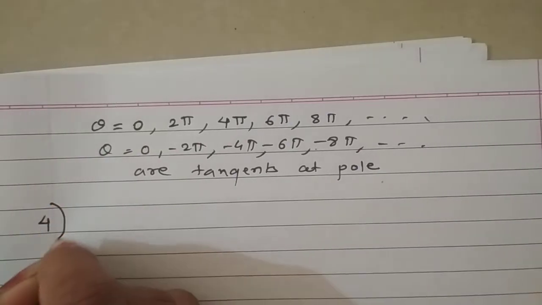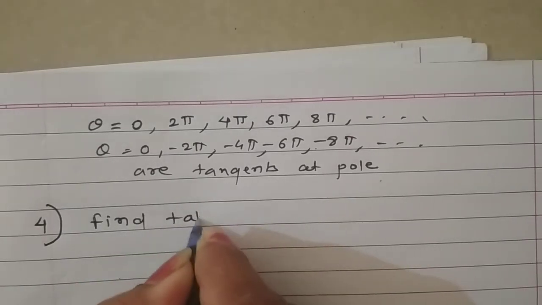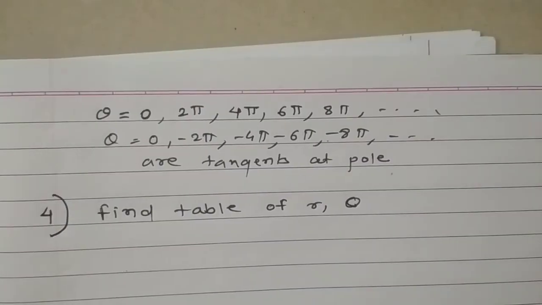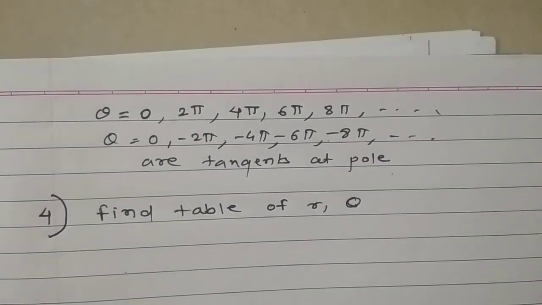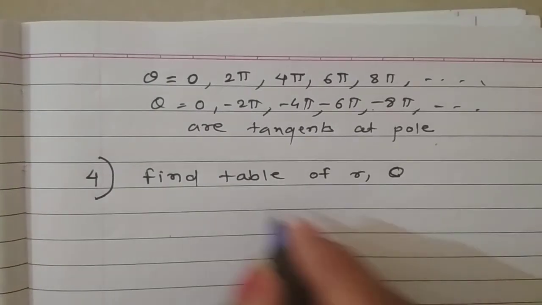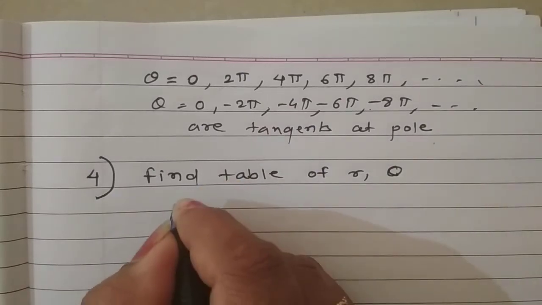Now, condition number 4, that means we find table of r and theta. Here I will give 3 hints.